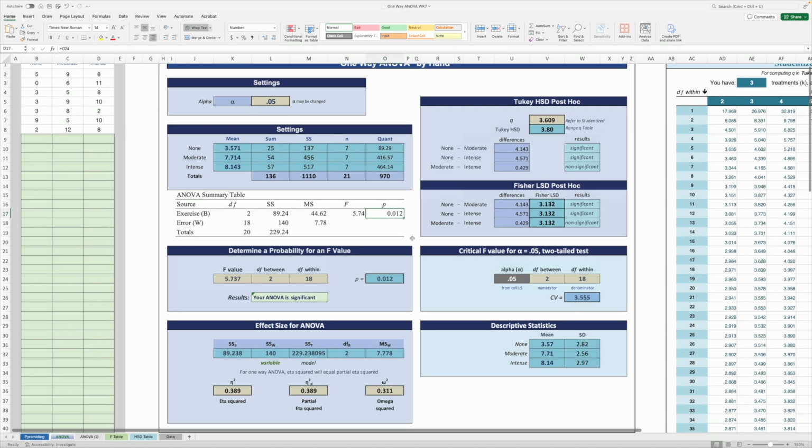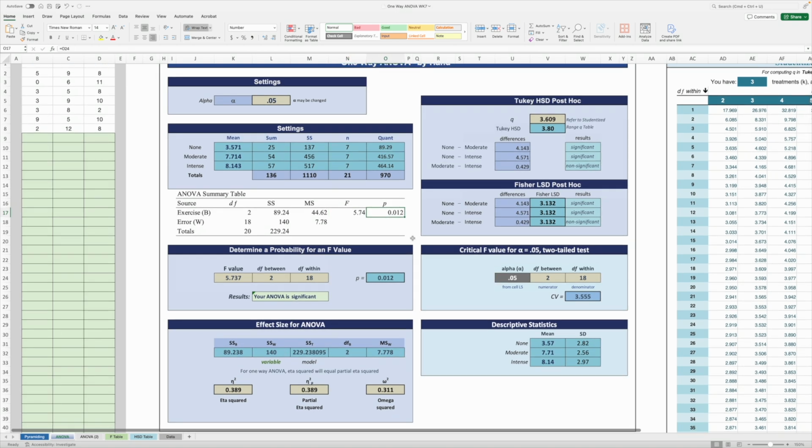We could also look at our p-value. It's 0.012, or 1 penny, which is less than a nickel. The probability is less than 0.05. All of this telling us exactly the same thing. There is a statistically significant difference. There are mean differences that are statistically significant inside of our model.